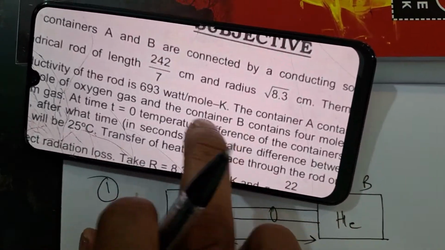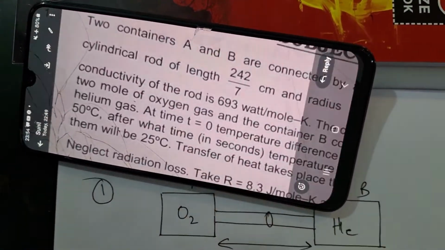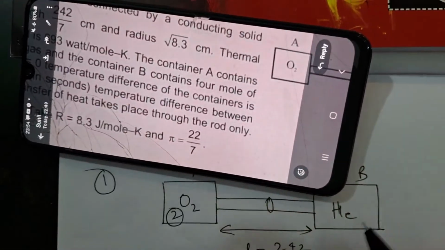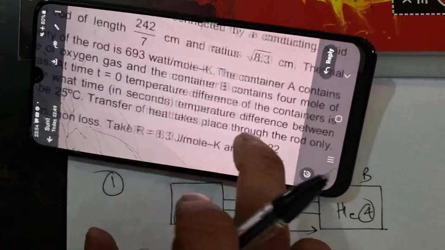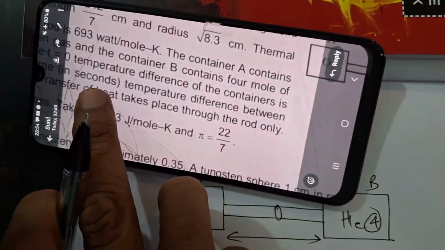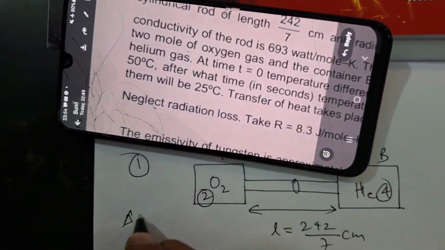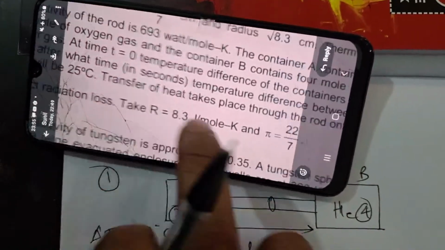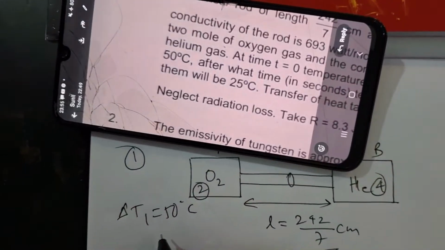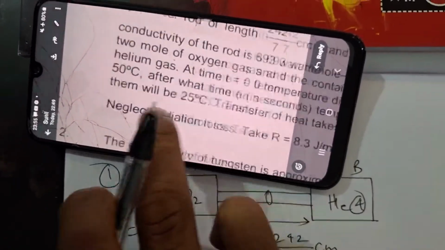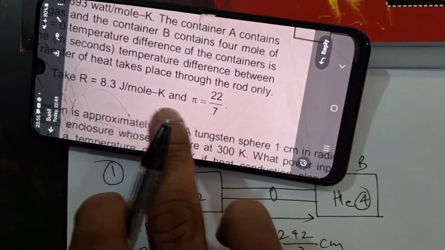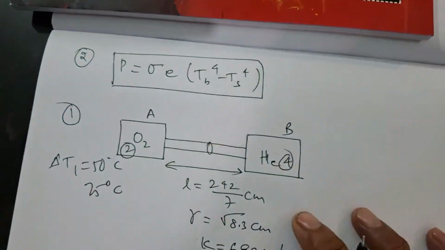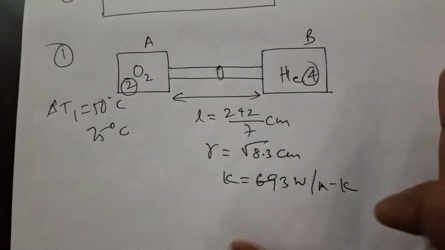Container A contains 2 moles of oxygen and B contains 4 moles. At t equal to 0, the temperature difference between the containers is 50 degrees C. After what time is the temperature difference 25 degrees C? Heat transfer takes place through the rod only, and R is given and pi is given. This is the data.